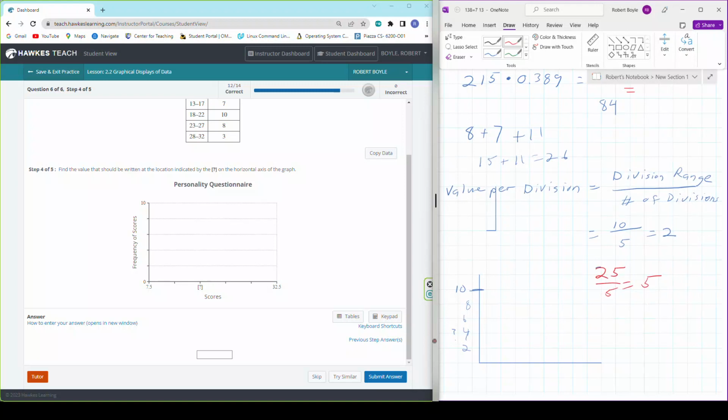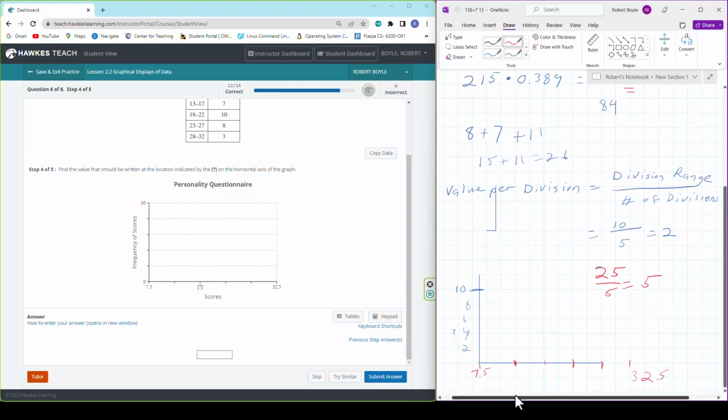But notice that we are starting at 7.5. We'll pretend that's our first division right here. Second, third, fourth, and fifth. So this is 32.5. Okay, so if this is 7.5, then this value is going to be 7.5 plus 5, which is 12.5.